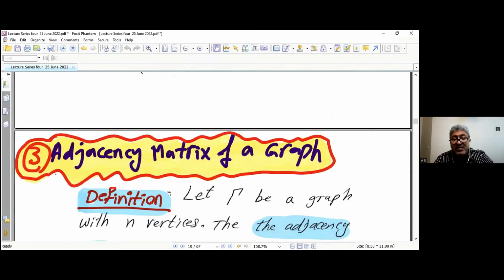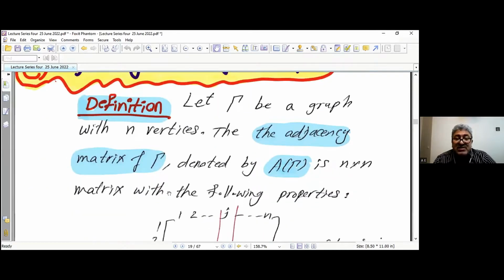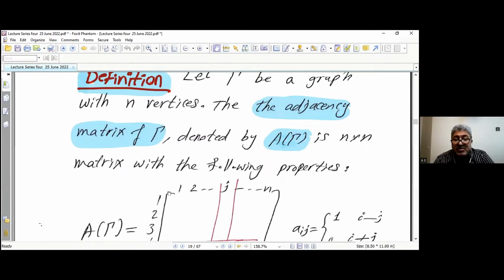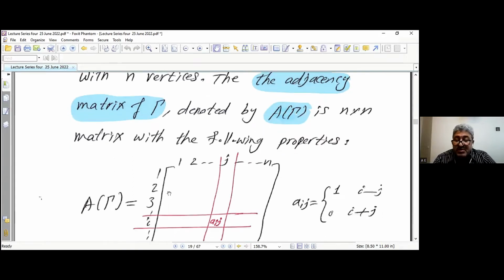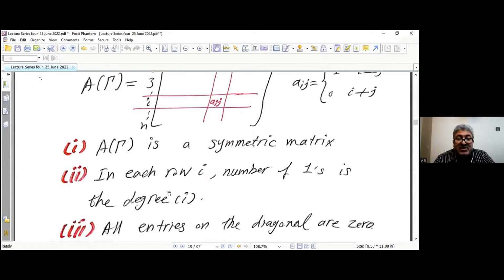This is one of the very important matrices associated to a graph, and as you know, this is an n times n matrix, which is indexed by rows and columns by vertices, and if we have an edge between two vertices i and j, then we put 1, otherwise we put 0.